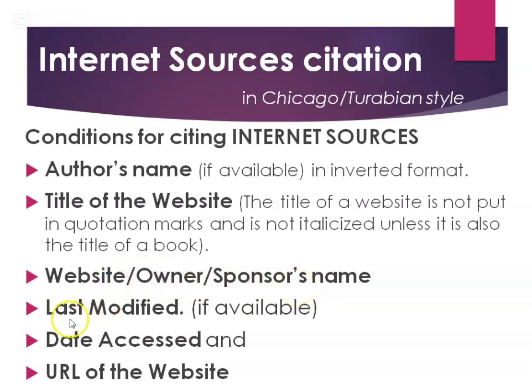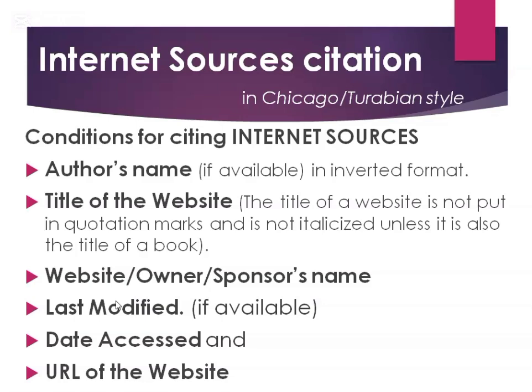Okay, and after this is the last modified. This last modified is the date that this blog, this article, this source was posted. Now, in some cases we don't have the last modified; you won't find it on the website. Probably the person who created the blog does not insert a specific date it was posted.